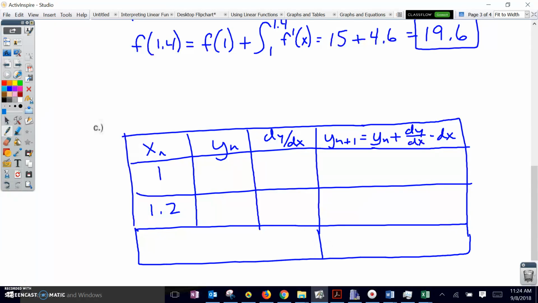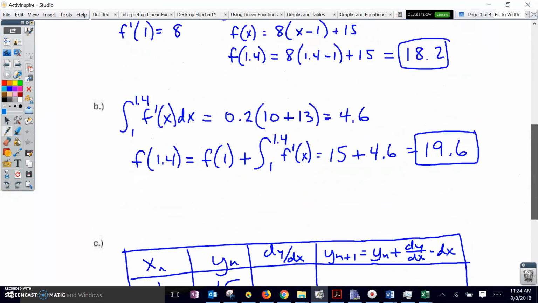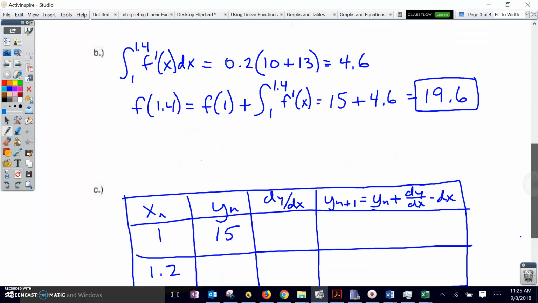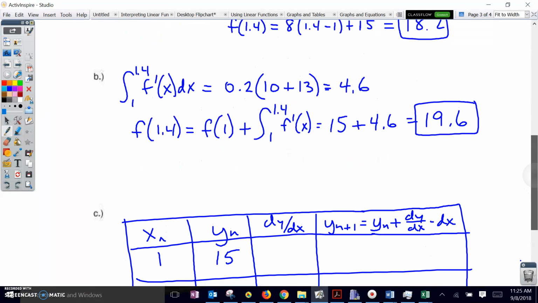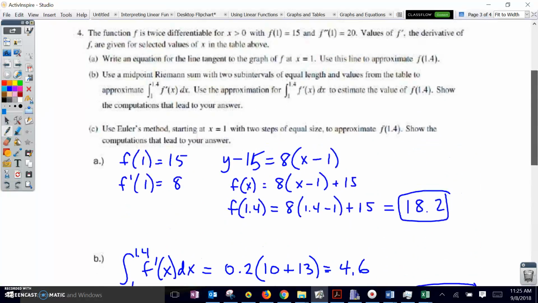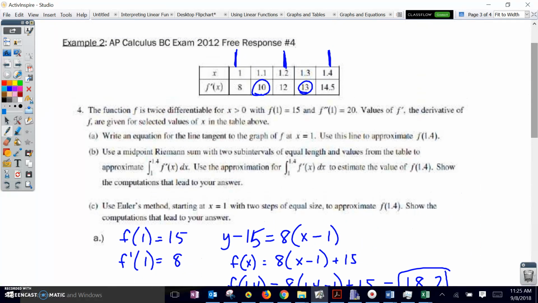I have to scroll back and forth a few times to gather information here. First of all, when x is 1, y is 15. That was given from the problem stem. Now I need dy dx at x equals 1 in order to do this calculation. And I pull that from the table.